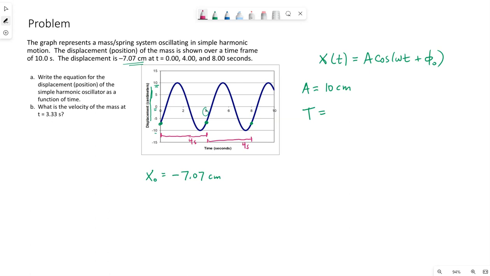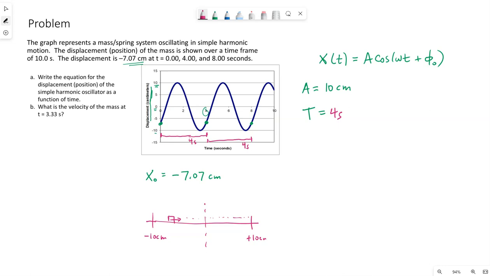It's the amount of time, so the 4 seconds is required for this mass to oscillate all the way to the right. So if this mass was in my picture over here, this would be the negative 10 centimeters. This would be the positive 10 centimeters. So initially it's moving to the right and it's headed towards this maximum positive displacement.